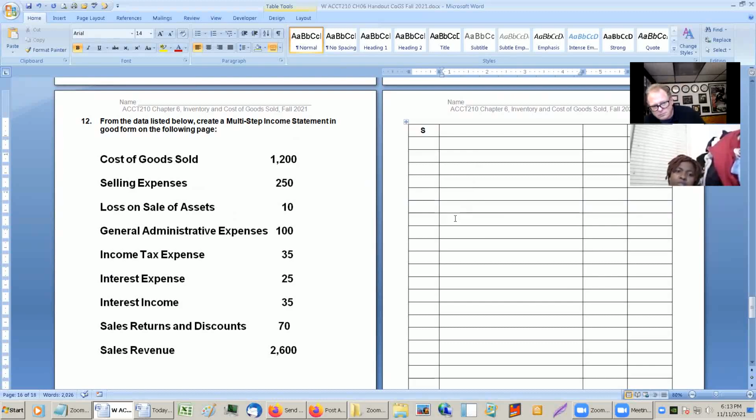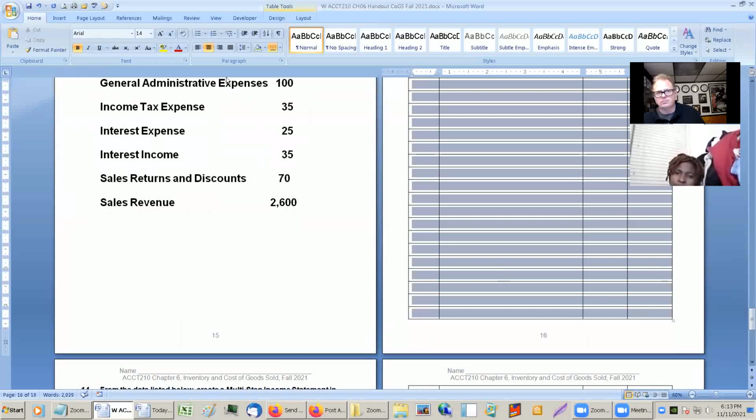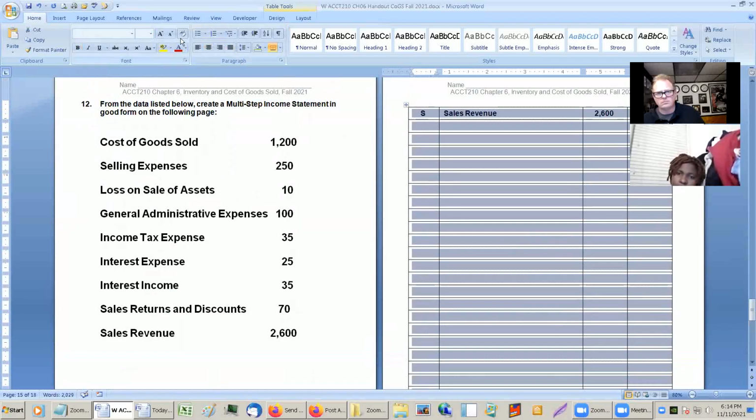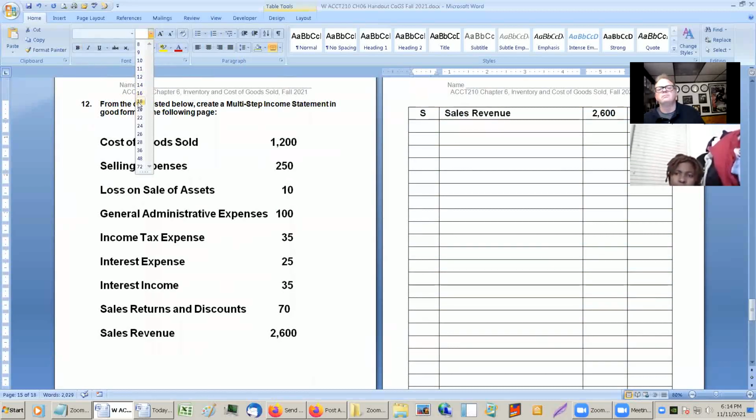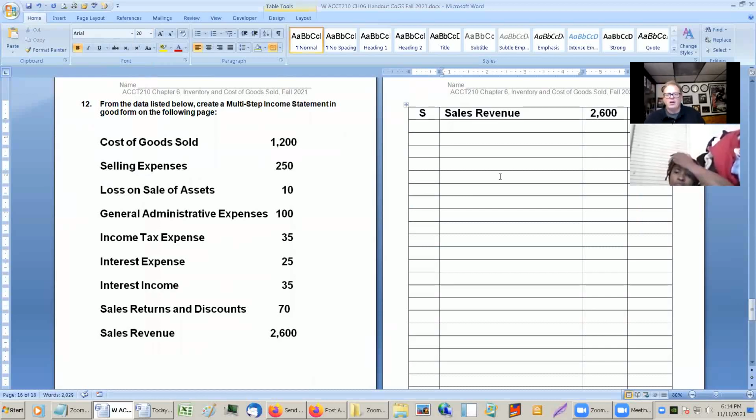Sales is 2,600. Yep. $2,600, so sales revenue.